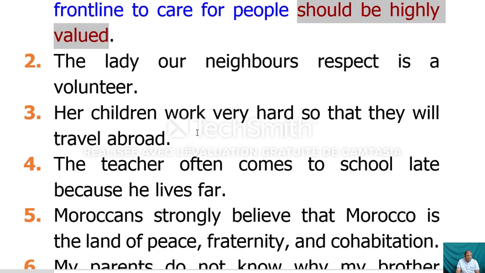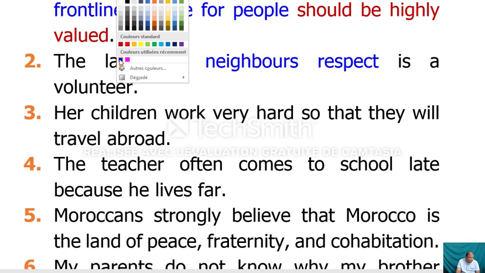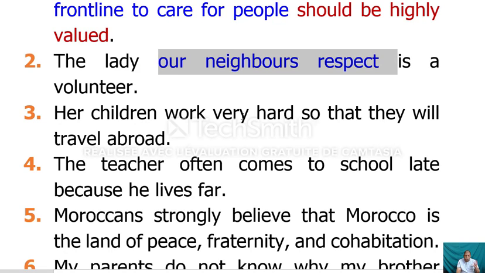The second one, the lady our neighbors respect is a volunteer. So here, our neighbors respect. This is what we call a contact clause. Why do we call it contact clause? First of all, clause because it is made of the subject our neighbors and the verb respect. Why do we call it contact?